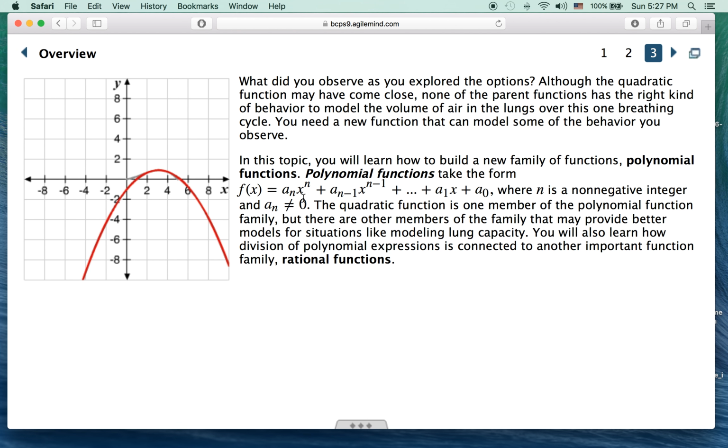Okay, so this says a of n times x to the nth power, and then it decrements downwards. So if n was 4, this would be 3, because 4 minus 1 is 3. So n can be any positive integer.